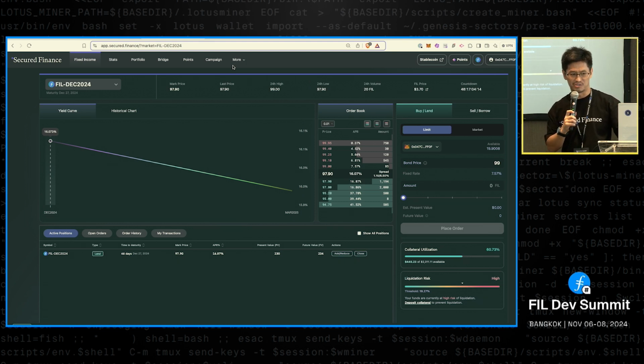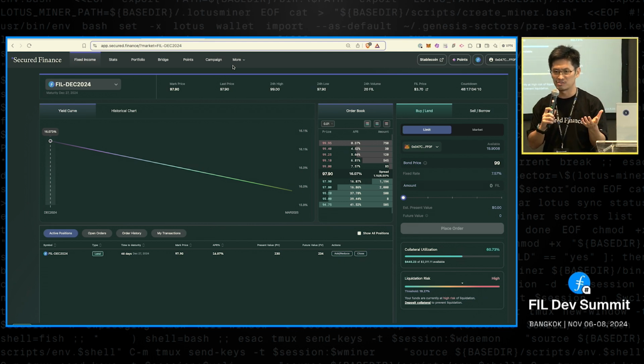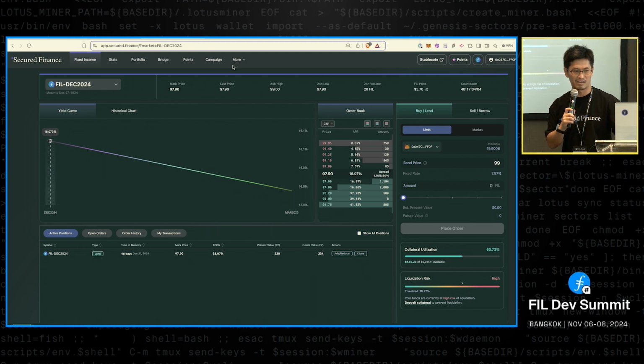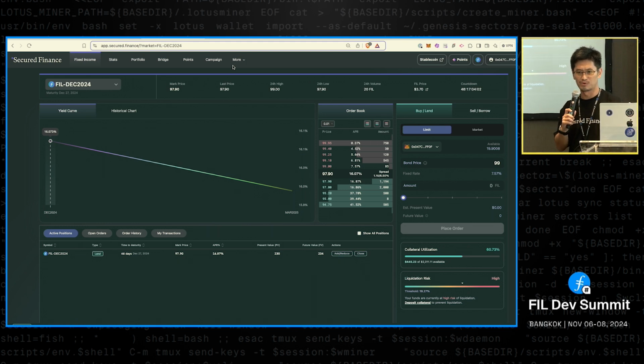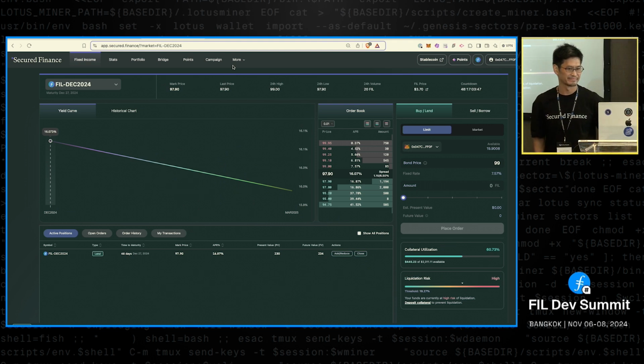That means someone who wants to do leverage can pay some yield for USDFC. So I am expecting the USDFC yield curve would be somewhere around the same as the yield for iFIL. Yeah, that's what I am expecting. Okay, guys, thank you very much.